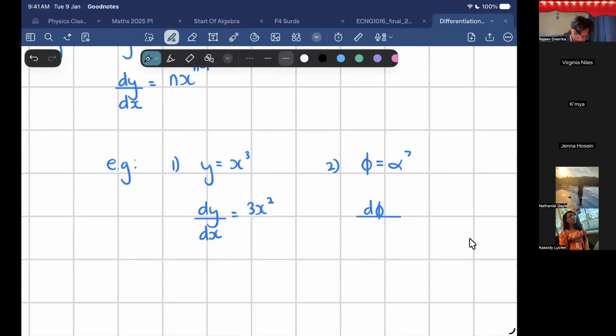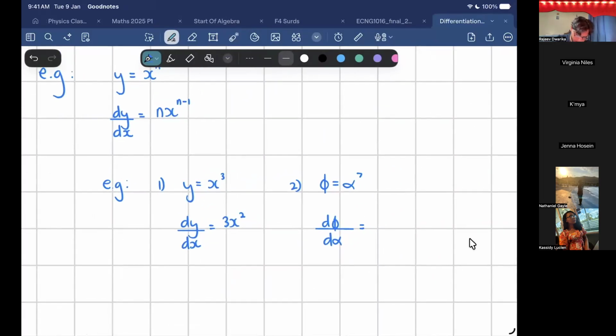The reason I'm doing this is to let you all know that no matter what the symbols are, it's the same concept. So tell me, Nathaniel, how would I work that out? You would multiply by alpha. I'd multiply what?